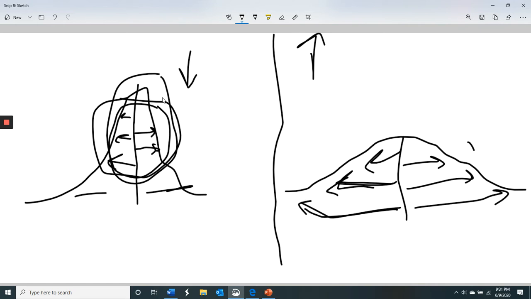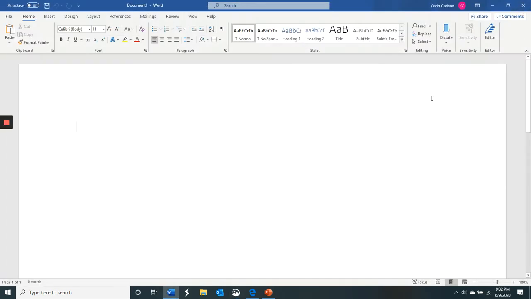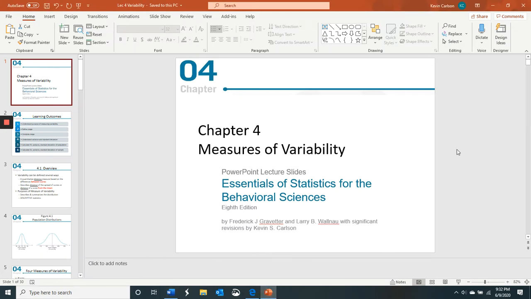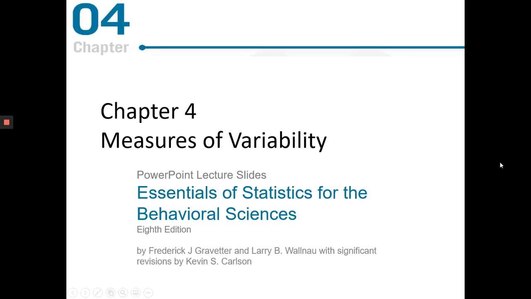So let's say they have equal means, but the variability is very small here, so there wasn't a lot of spread in the scores. Here, the variability is very high, so there's a lot of differences between people. Less differences between people, more differences between people. So variability is crucial in terms of our descriptive statistics because it gives us a better view of what the data look like.